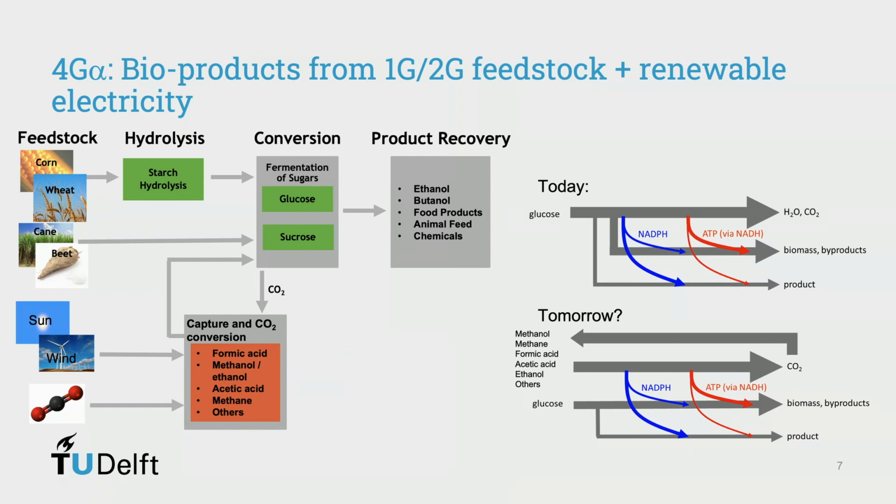This would allow a significantly higher product yield on sugar and a much higher carbon utilization efficiency. This has the potential to avoid CO2 emission towards the development of zero-emission biotechnologies and make generation 1 and 2 bioprocesses more sustainable. CO2 conversion could be done by electrolysis, yet this technology is still at low TRL at the moment.